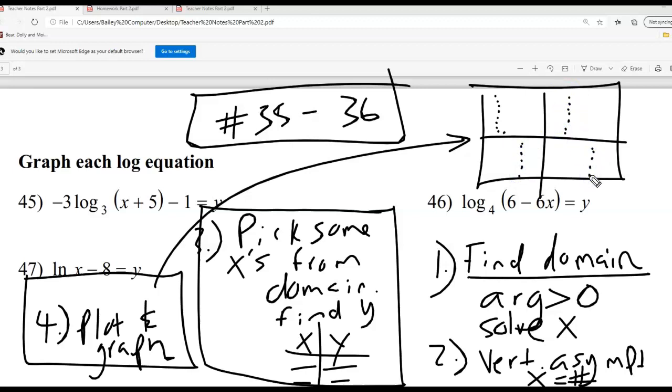Now, they can go up like that, or they can go down like that, or they can go in the opposite direction as well. Okay, so those are the ways that logarithmic functions work.